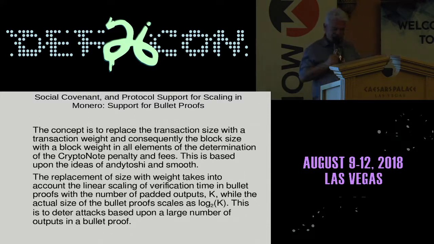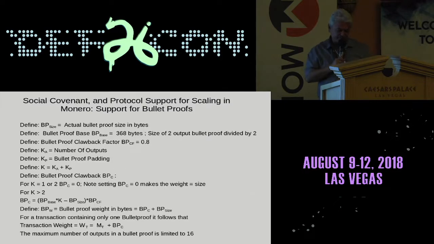And the solution to deal with it is to replace the block size and all those penalty calculations I showed before with a block weight. And the block weight takes into account the verification time. And this was an idea that was actually initially proposed by Andy Toshi, and Smooth also discussed it. I kind of refined it, and we came up with the following.